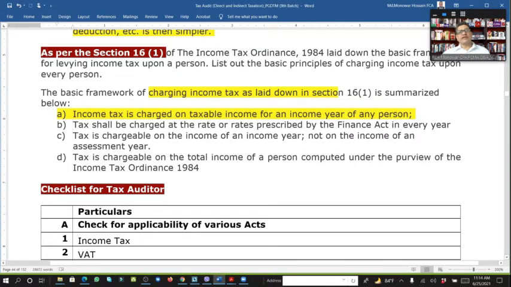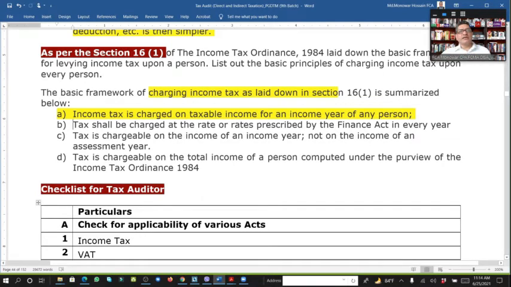So this is the framework as per the ITO 1984. Tax shall be charged at the rate or rates prescribed by the Finance Act in every year.